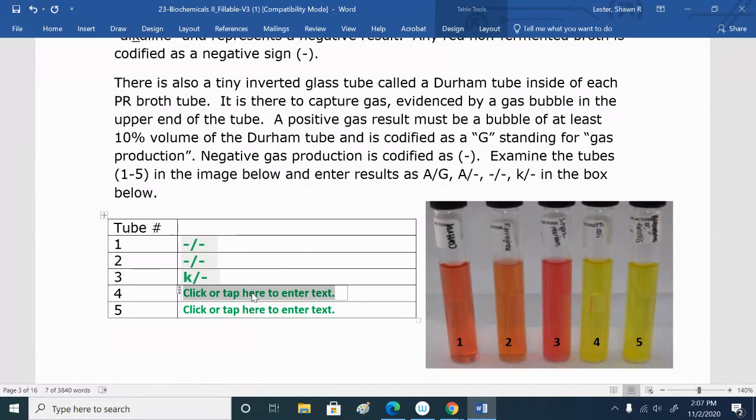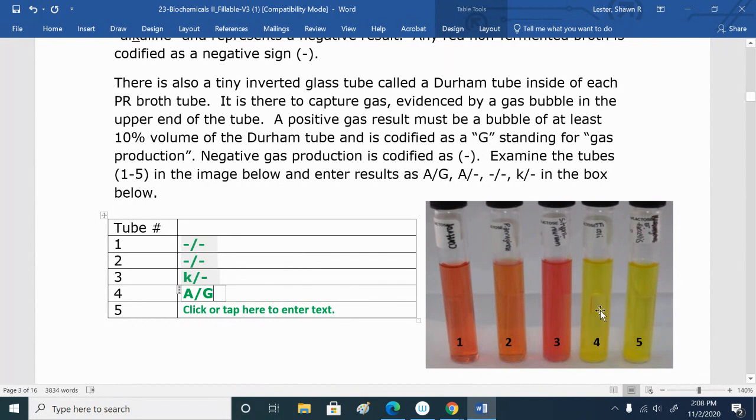So what about tube number 4? A minus, A negative. Well, we know it's acid. And then what do we see inside here? Would be AG. Right, we see a gas bubble. Everybody see the gas bubble in here?